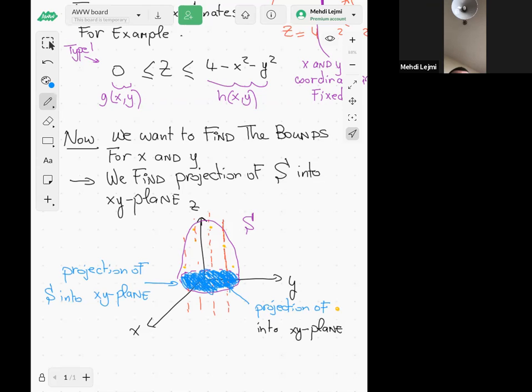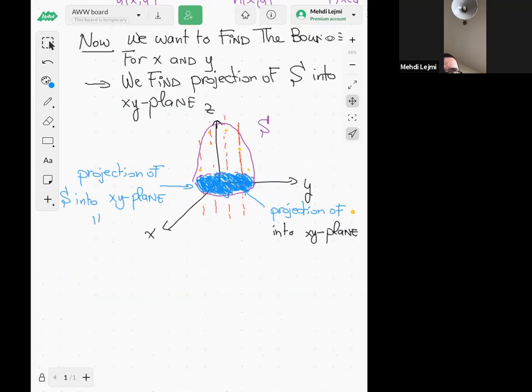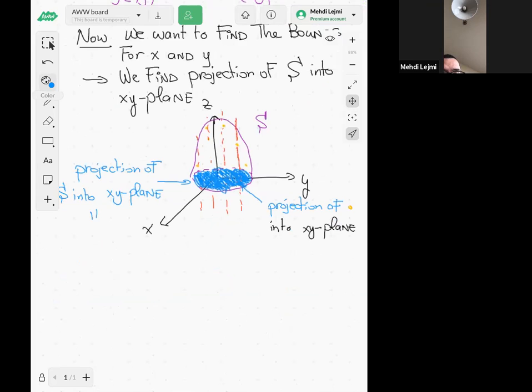So this projection of S into the xy plane is going to be just the disk, the interior of the circle. You have this x and y axis, and so you're going to get this disk here of radius 1.